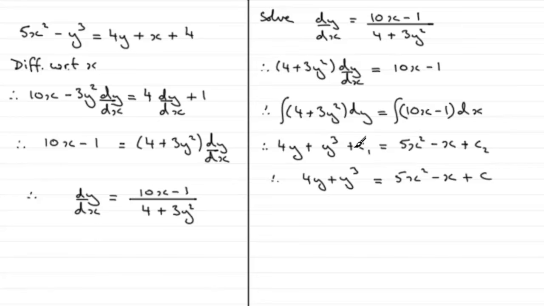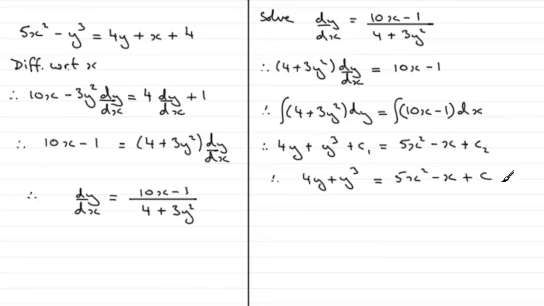They've seen that they've had a constant here and a constant here, and when you subtract C1 from both sides, you get C2 minus C1. A constant minus another constant gives you a constant. So this stage will often be avoided. Some people will just write 4y plus y cubed and put their constant only on this side. They would have put C1 minus C2 and just put it as C here and left the C off this side. It's totally up to you.